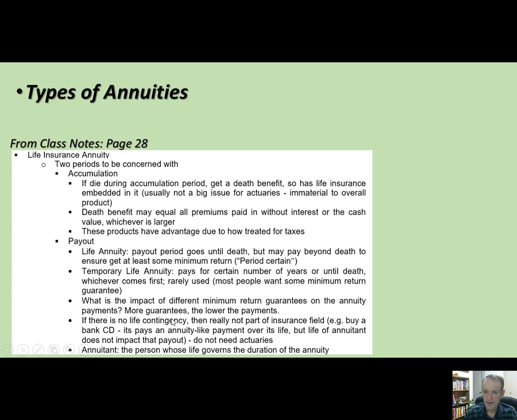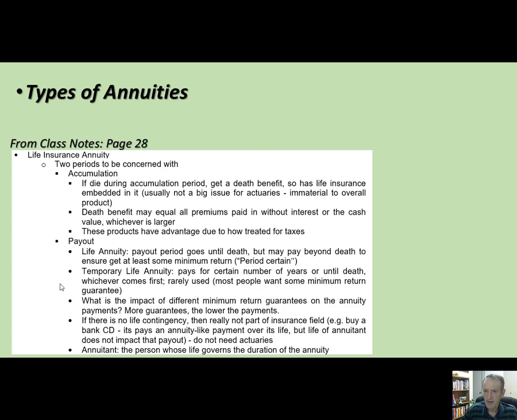If there is no life contingency, so essentially they're just saying, we'll pay out, and if you die, whatever balance is left goes to your estate. That is not life contingency. Now, life insurance companies do have structured annuities without life contingency. So they pay you $500 a month for 20 years, and if you die in that 20 years, then whatever is left goes to your estate.